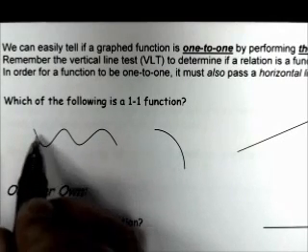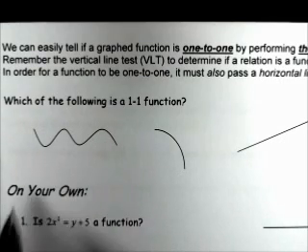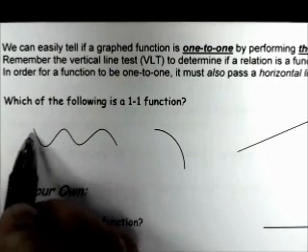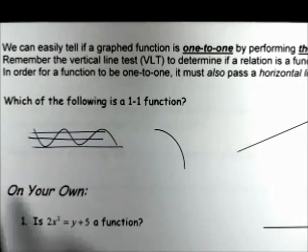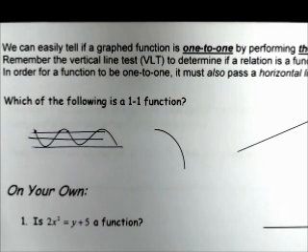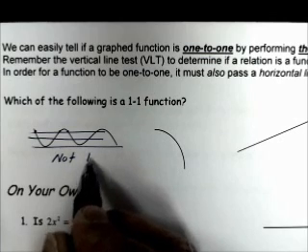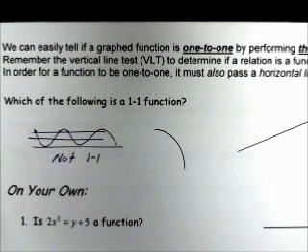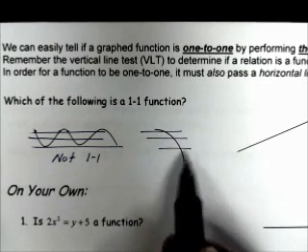So we draw vertical lines to be a function, and that's okay. Now horizontal lines, we draw horizontal lines and see how our horizontal lines are hitting the graph at more than one point. So this is not one-to-one. Take our next graph, draw horizontal lines.